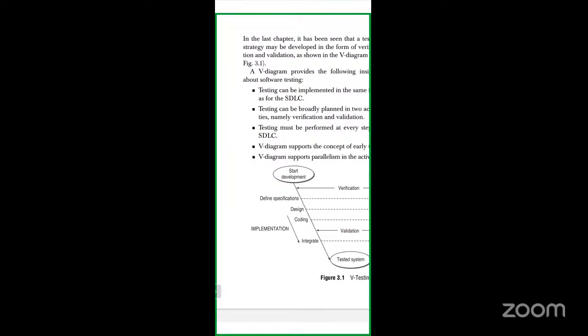In implementation, we are going to define the specifications, and then go for design, then the coding part, and then the integration, starting from defining the specifications till the integration. That's why we have given the arrow from top to bottom.